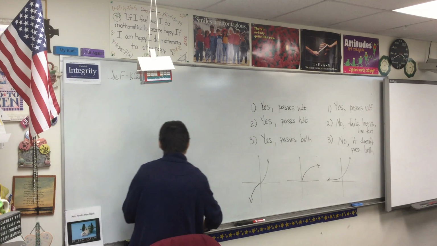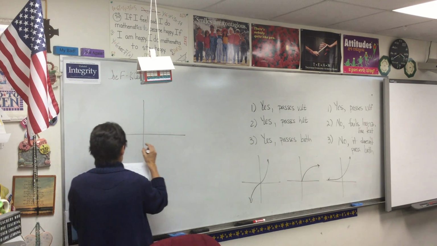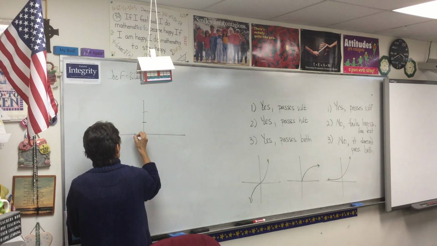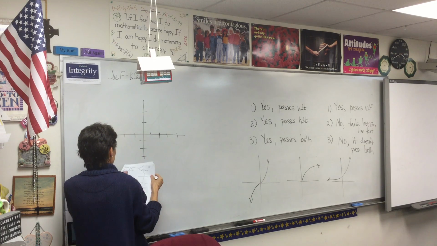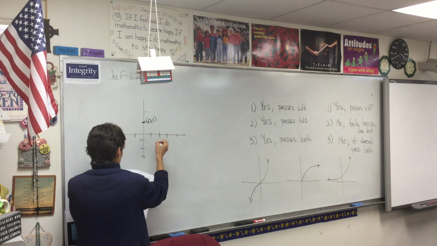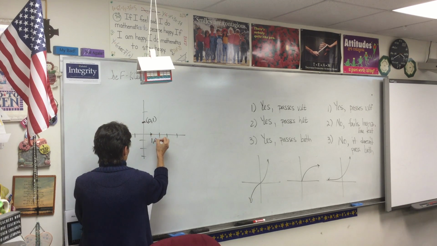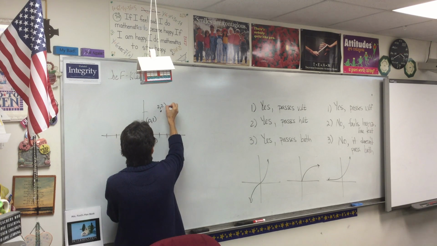Here is what I want you to do. While I am drawing the picture, would you go through and label each point? So what I mean is this point right here is 0, 1. Would you go through and label every point? You'll see why I'm doing this in a minute.